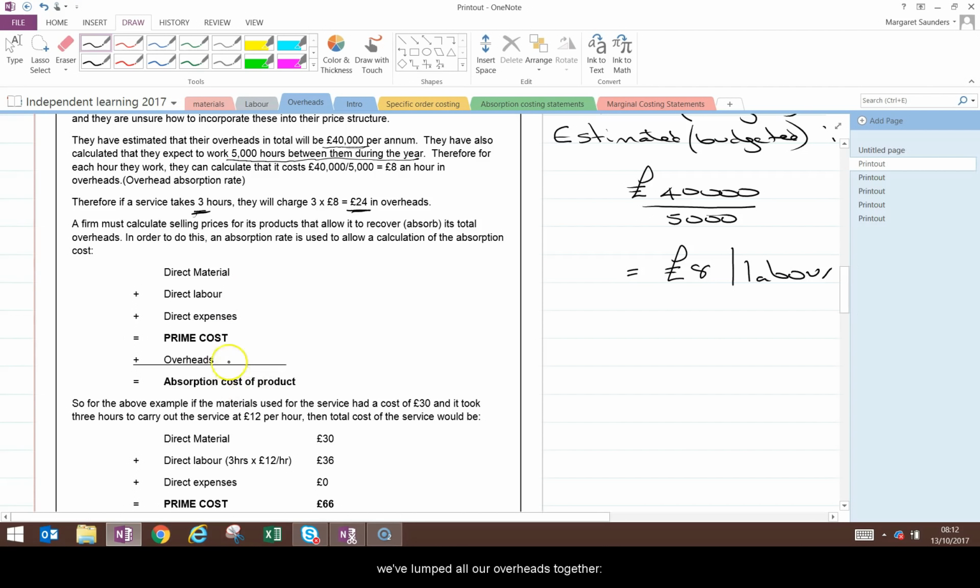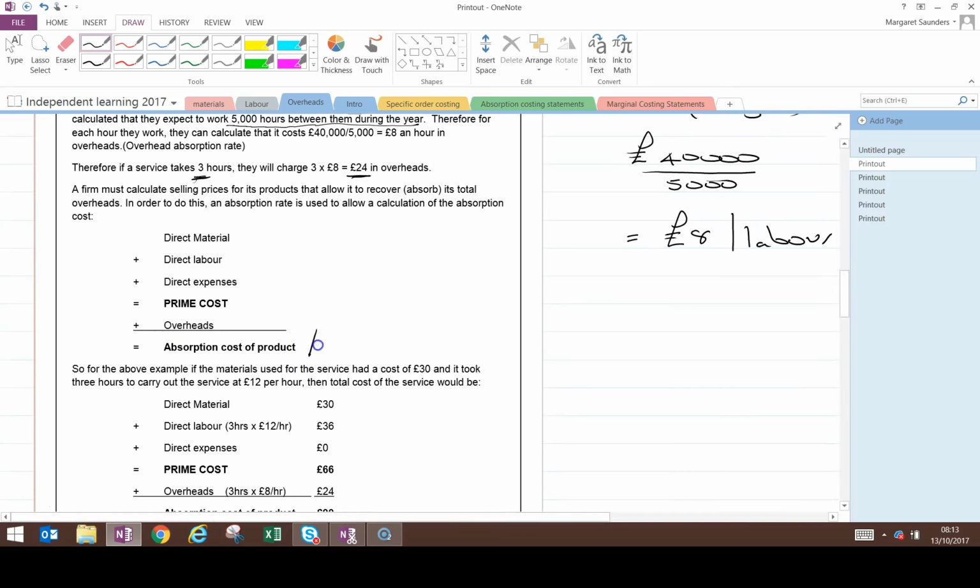In this example, we've lumped all our overheads together, production and non-production. So add the overheads, and we have the total cost of production, or the total cost of our product, which can also be referred to as the absorption cost. So the absorption cost is the total cost.